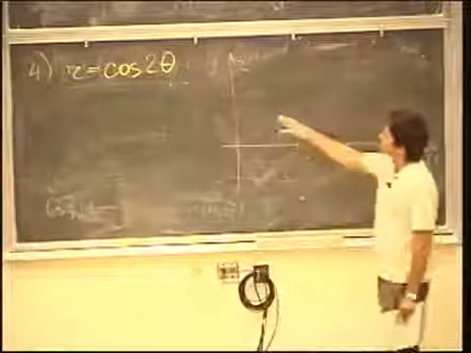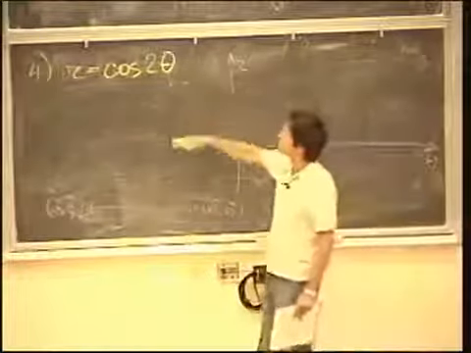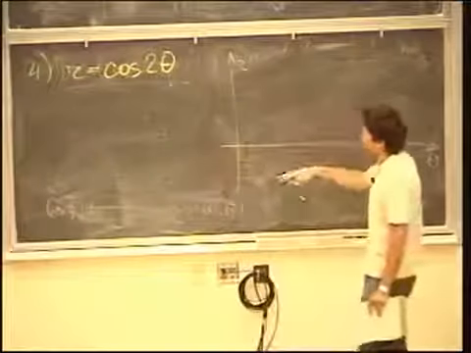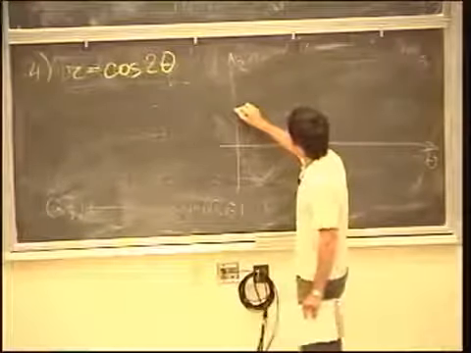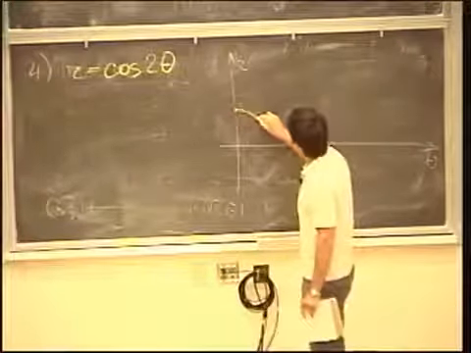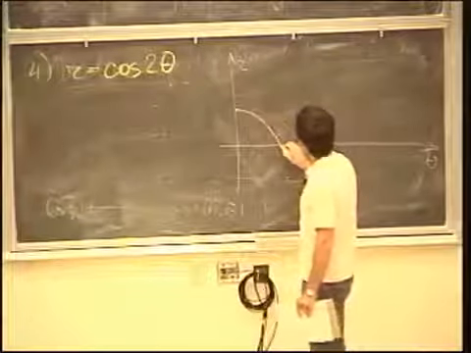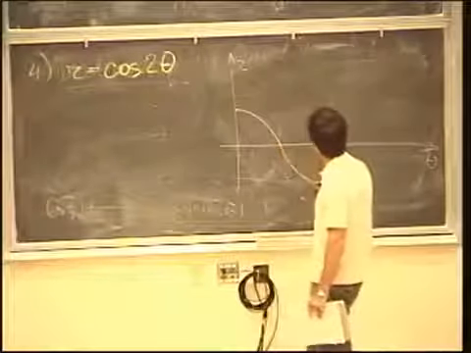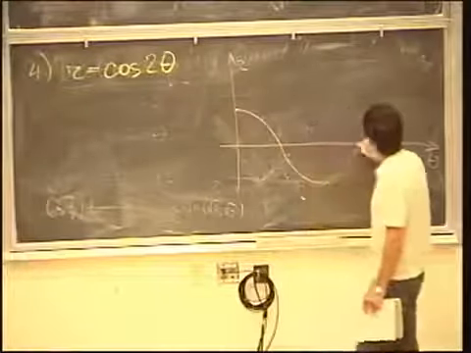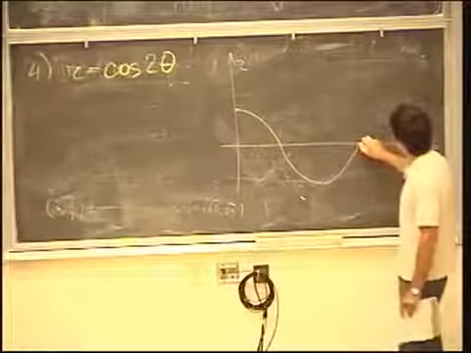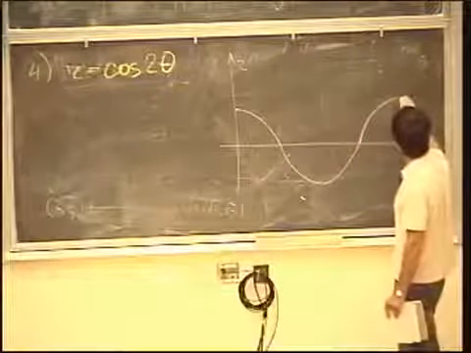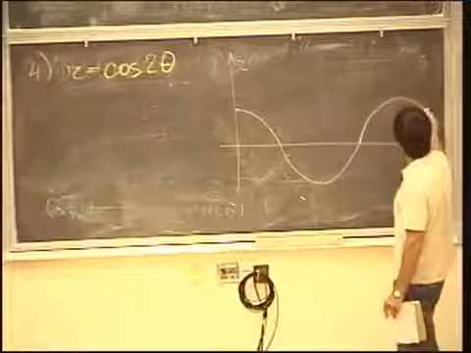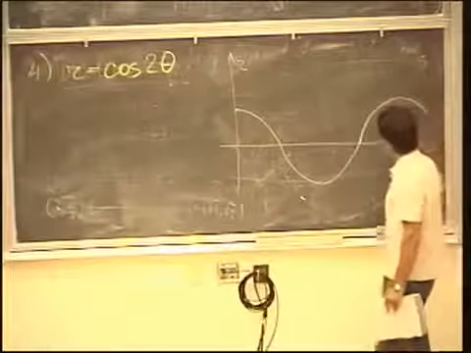Because already when theta is pi, you get cosine of 2 pi, and so you're back to square 1. So cosine looks like this. At 0, it's 1, and then it becomes 0 at pi over 2, then it becomes negative 1, then it becomes 0 at 3 pi over 2, and then it goes back to 1 at 2 pi. And then it continues like this. Right?